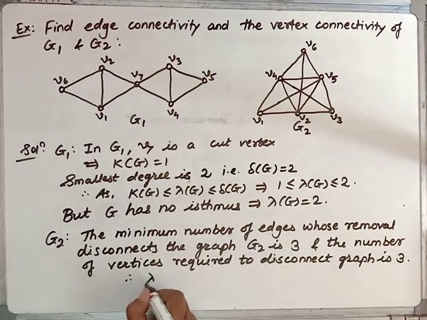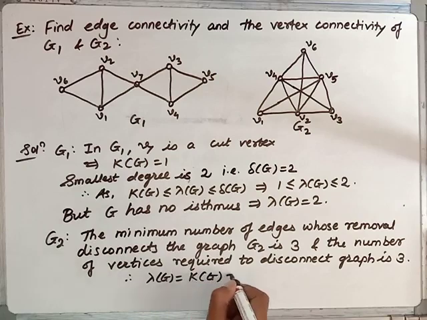Therefore, lambda of G equals K of G equals 3 here in G2.